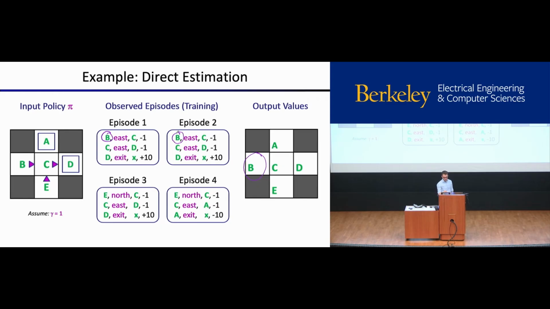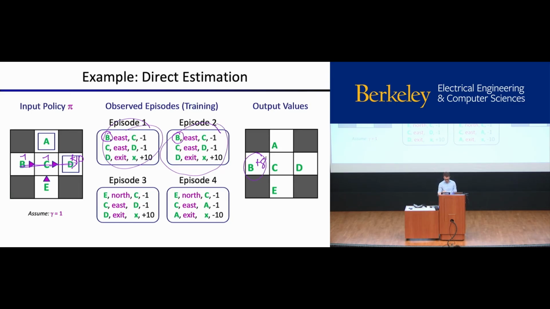So there's B goes to C goes to D, and we get a -1 plus 10. That's this one here. And then this one's actually the exact same experience. So we have the same experience again, -1 plus 10. So the value of B, if I've done everything correctly, should be +8. Just average together all the stuff we ever saw for B. All right, let's do it with another one.